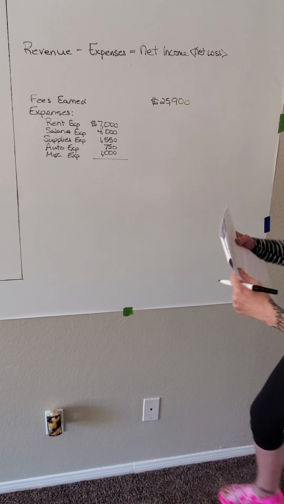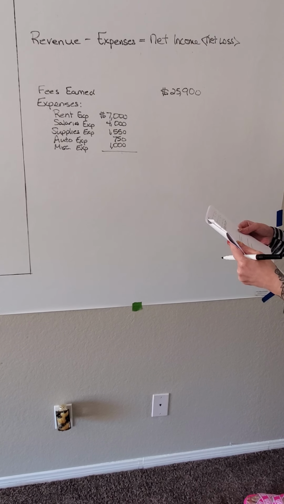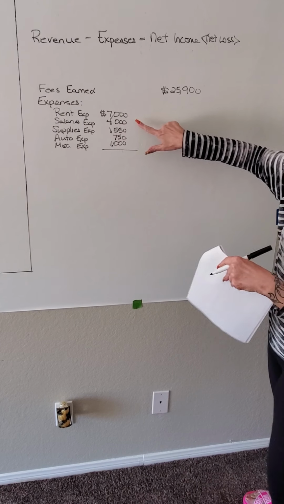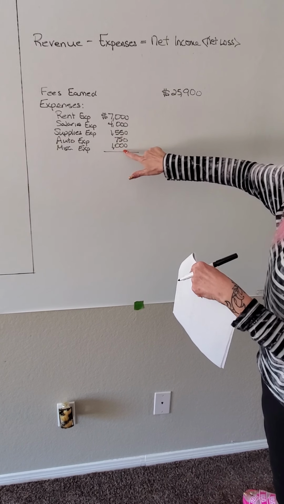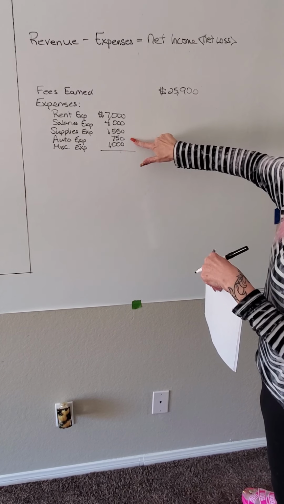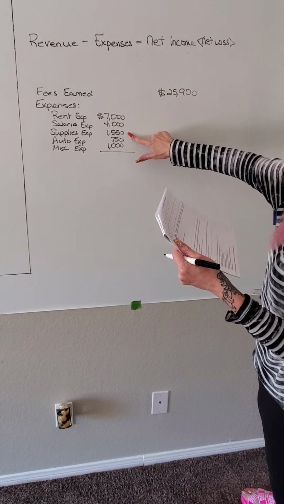When you're listing out your expenses, you go from largest to smallest, but miscellaneous is always at the bottom. So let me see here, 11, 12, 13, 14. I hate to do math in my head.